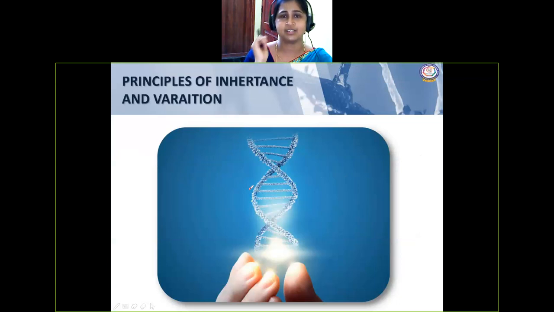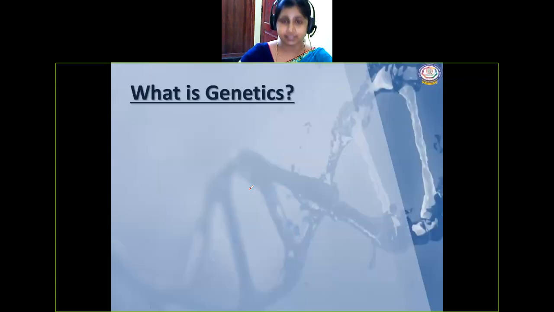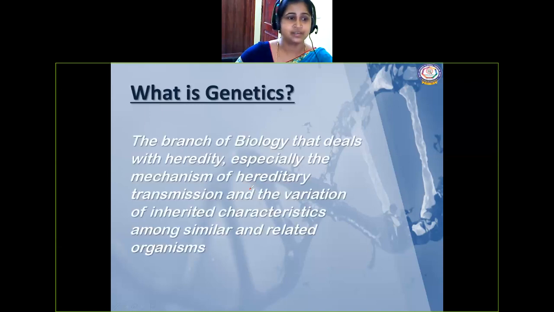So, what is genetics? Genetics is a branch of biology that deals with the study of inheritance and variation. Just see here, it is a branch of biology which deals with heredity, the mechanism of hereditary transmission, I mean the transmission of characters from one generation to another generation, and the variation of the inherited characters among similar or related organisms.